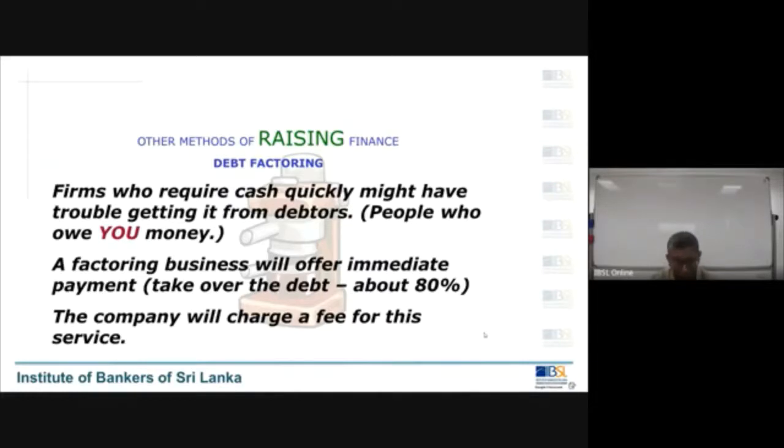They pay me only 80% of the value of the debt, and after the maturity period, they collect the money from the debt, from the supplier or customer, whoever. So for that, you have a 20% markup, and sometimes they may also charge a fee for these services. So this is another method you can raise finance.